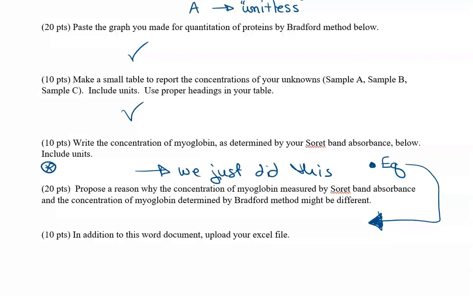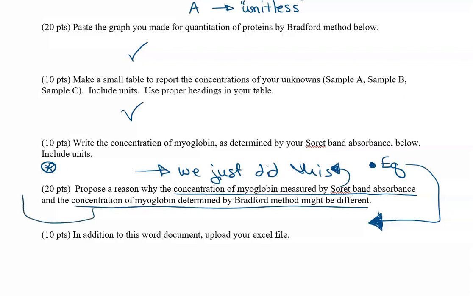So in this next question, we're looking at a comparison of the concentration of the myoglobin as determined by Soret band absorbance, which we just did that, compared to the concentration of myoglobin determined by the Bradford method. And your answers are going to be different. So that's what we did kind of up here.